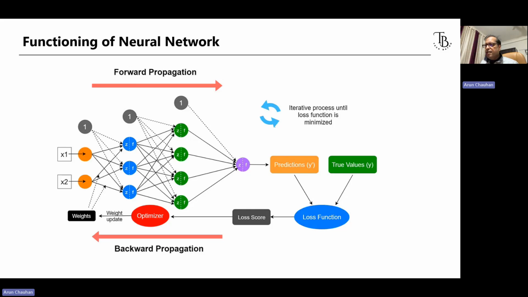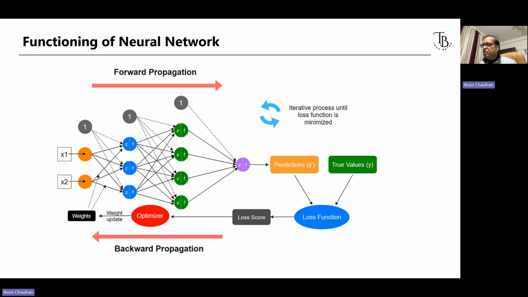Once this is done, again the forward propagation will take place. Again this network will get activated with revised weights and revised bias, and then there will be another prediction. Again it will be measured against the true value, and there will be some loss associated. So this entire cycle will continue till the point in time the loss function is minimized, right?